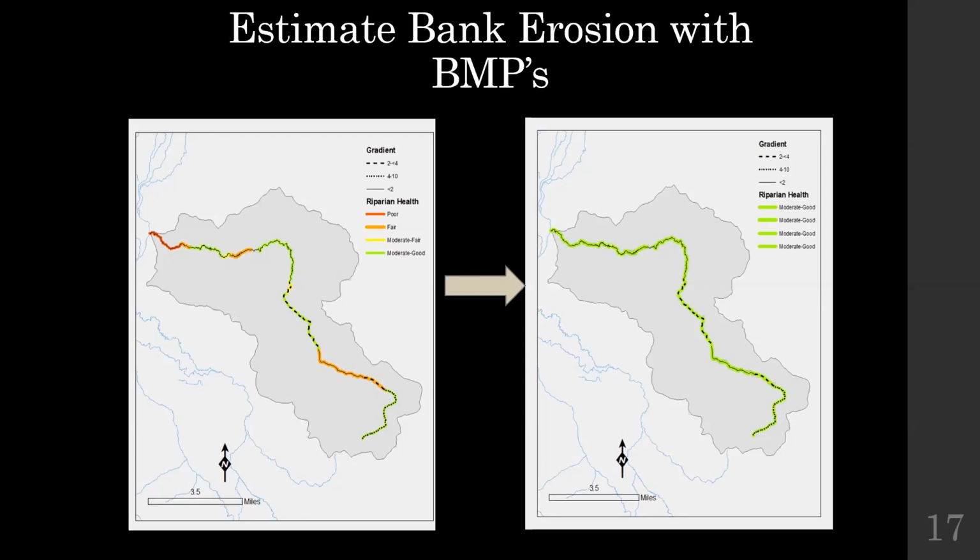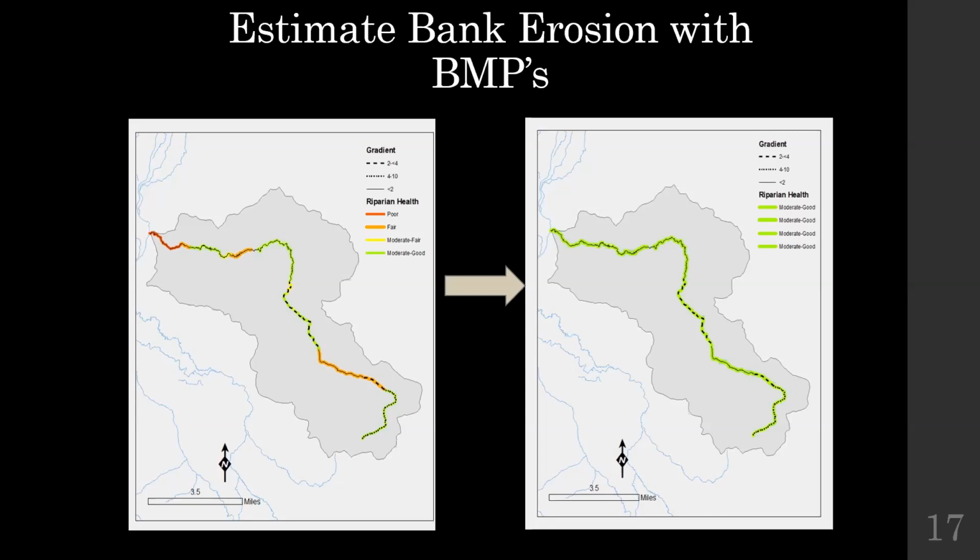So this is an example of Elk Creek on the left. We have gradient represented by the dashed or solid black lines, and then red meaning poor riparian health and green meaning good riparian health.